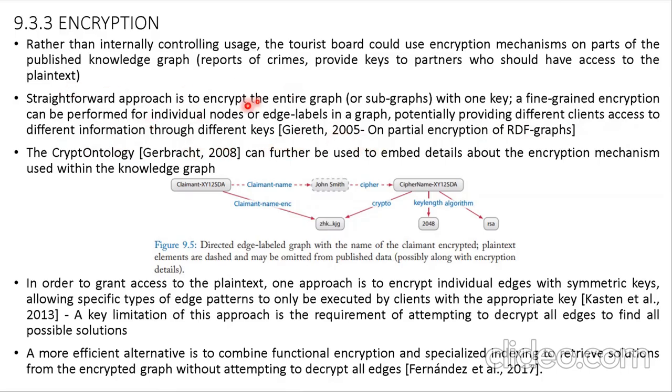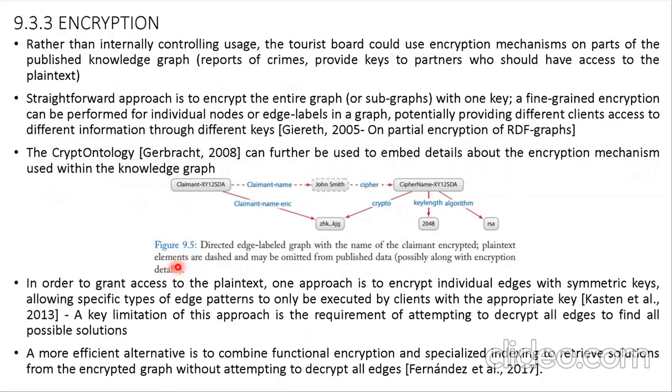And these are cited from the work on partial encryption of RDF graphs. Another crypt ontology, proposed by Gerbrandy, can be further used to embed details about the encryption mechanism used within the knowledge graph.